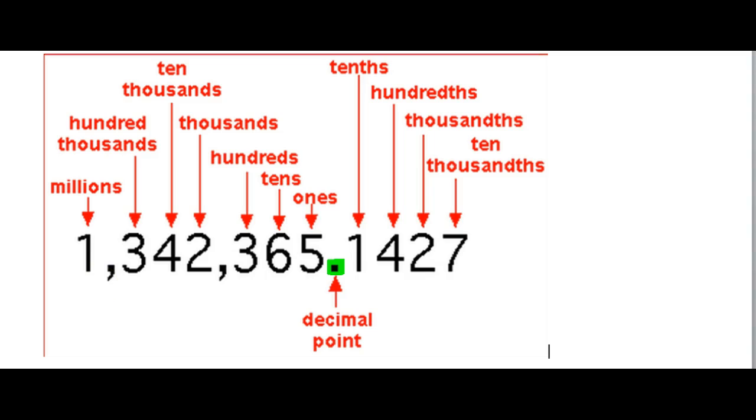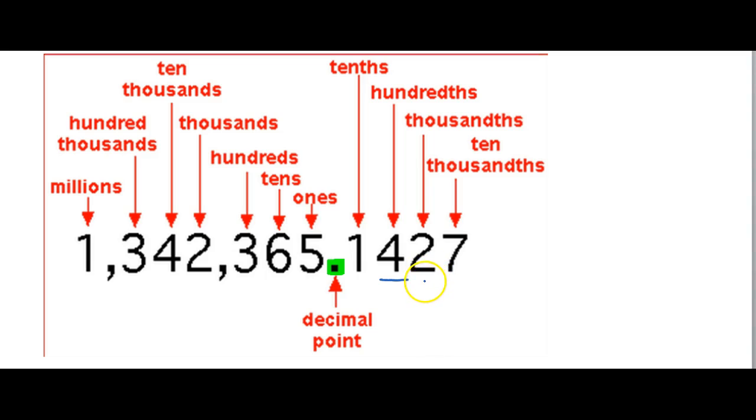As we look at this, anytime we're rounding, we figure out what place value we're going to round to. Then we look to the right of it. So if I was going to round this to the nearest hundredths, I would take the 4. That's the place value I'm rounding to. I look at the number to the right.